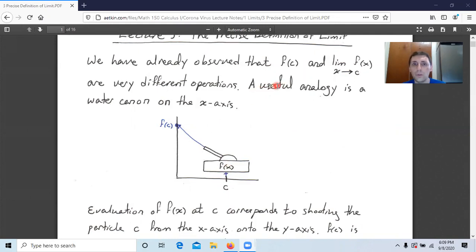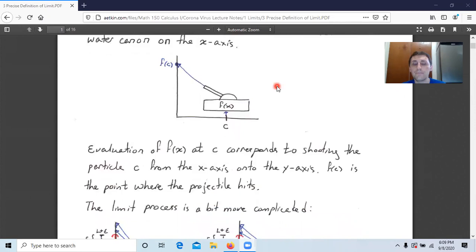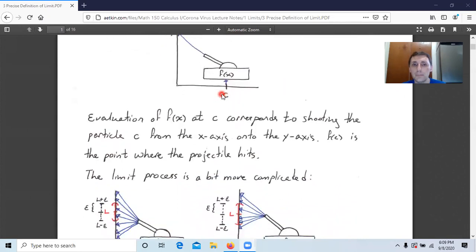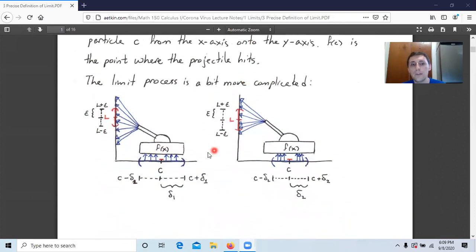What do we do when we calculate a limit? When we calculate a limit as x goes to c, we do not actually plug in c into the function. We have this pipe. We open up a pipe of some radius, in this case delta 1, and we put a lid on c, and we launch all the particles within that pipe, this horizontal blue pipe, and each particle is launched from the x-axis and lands somewhere on the y-axis.